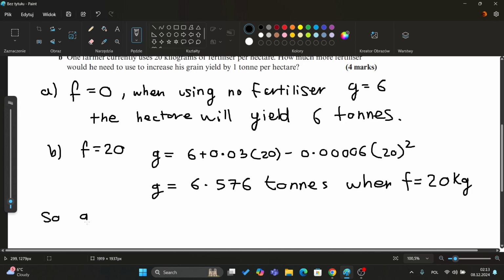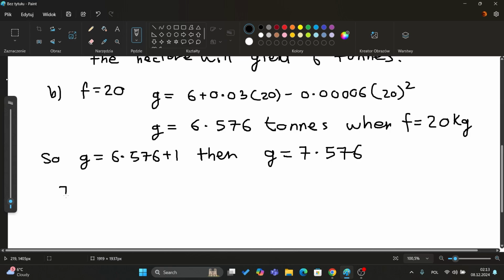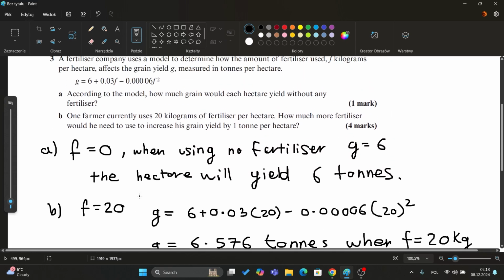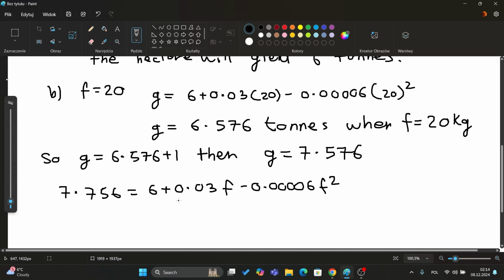So when we add 6.576 plus 1, then G equals 7.576 tons. And so 7.576 equals our model. And then we solve our quadratic equation.